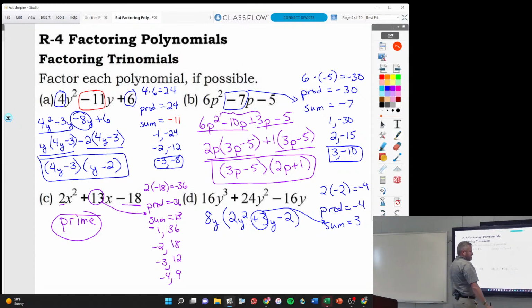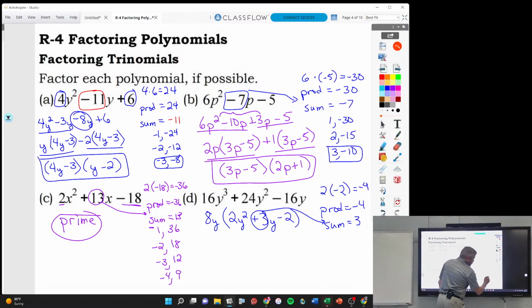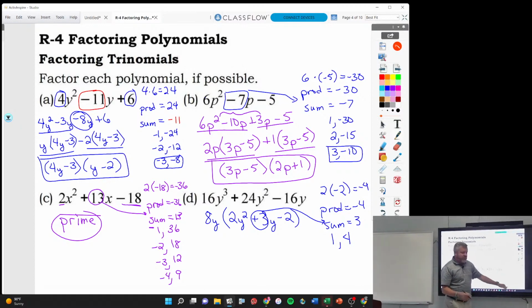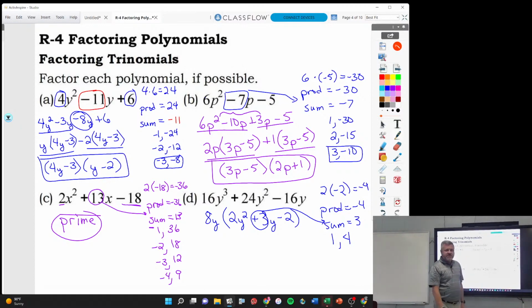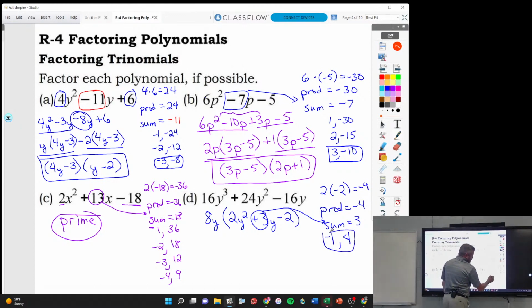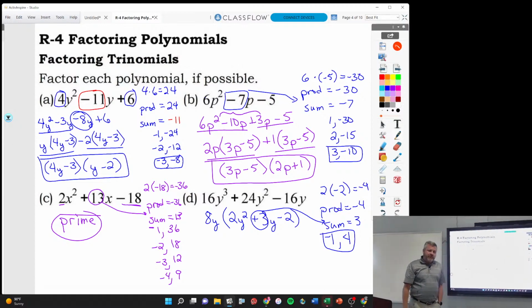So how do we get negative 4? Well, 1 times 4. Now, to get a negative 4, 1 has to be negative. But to get a sum of 3, the bigger number, in this case the 4, has to be positive. So that gives me a negative 1. So let's check that. Negative 1 times 4 is negative 4. Negative 1 plus 4 is 3. Well, by golly, there it is. So I'm not done factoring.